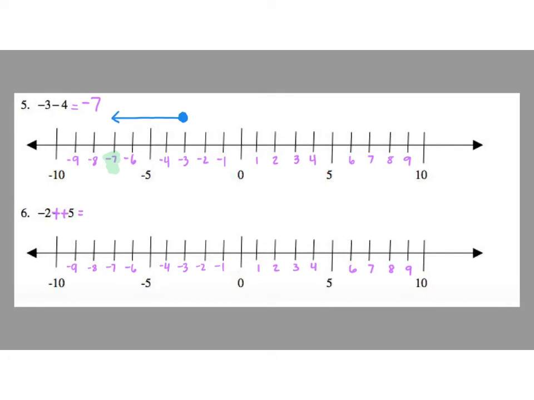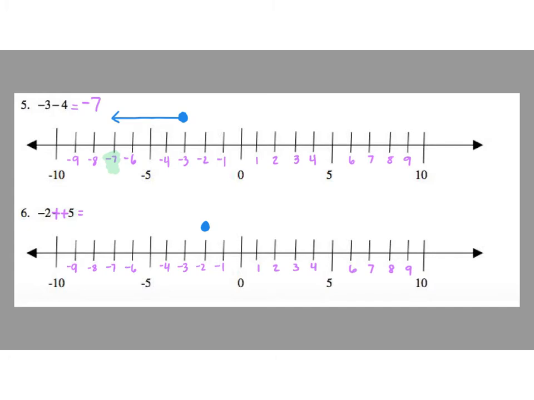So we're going to plot that first number on the number line, negative 2. Then I see the positive plus sign, so I'm going to move to the right. My second number is 5, so it tells me how many units to move.